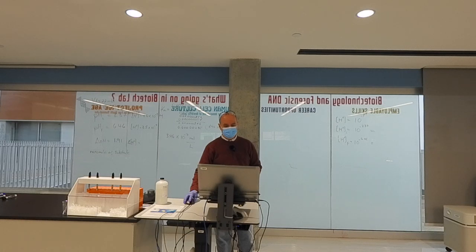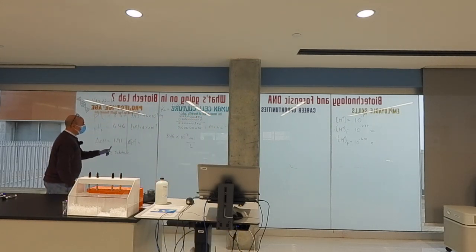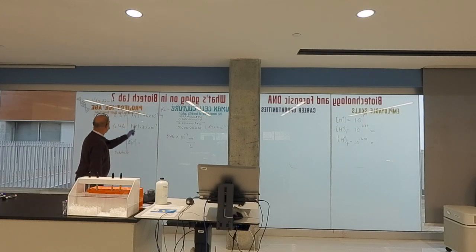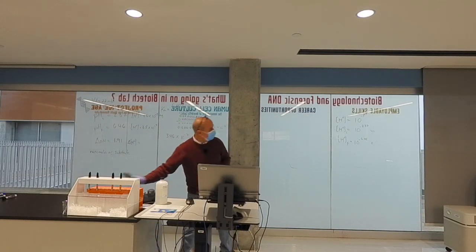I'm looking for the conversion. Is it 10 to the negative 9? Let me look it up. So we need to calculate the number of moles using this number and this number. I'm going to move it over here. I don't need that anymore.